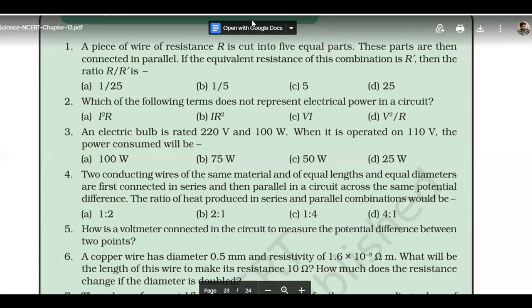So start doing this one. Try this question.